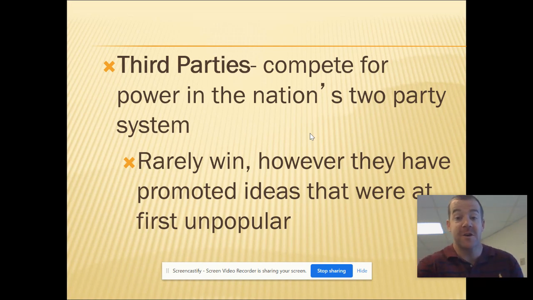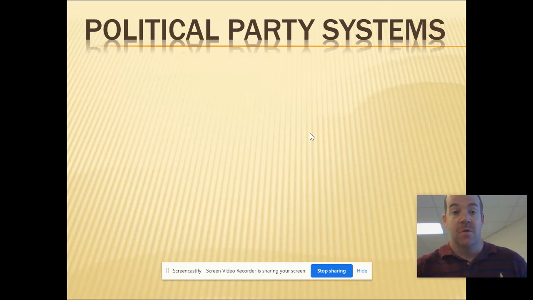A third party jumps in and they also support Pinecrest High School. Well, that's going to essentially split the vote of those Pinecrest supporters, and then it's going to give the election a lot of times to the Union Pines side. I'm just saying this is an example, maybe to help you understand the effect a third party can have on an election.